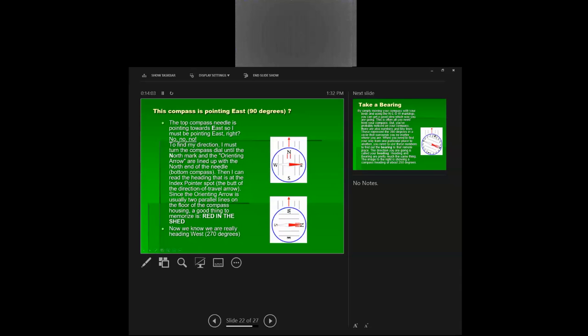Okay. This compass right here, because of the red, is pointing north, though it's east. So what we have to do is adjust that and turn that so our north is in that direction. And they always say that when you're looking at the compass, you always put red in the shed. So that tells me that we're at 270 degrees, the way that thing is going.